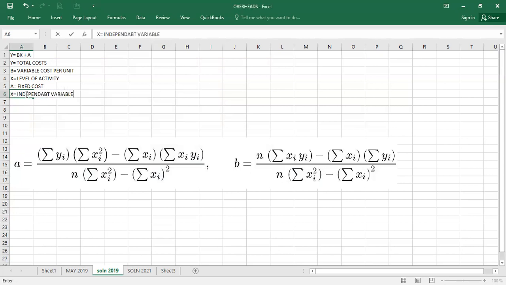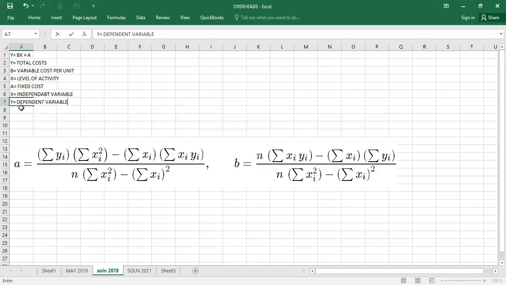And the independent variable is something which doesn't change or its occurrence doesn't depend on the other. So our Y, which is the mixed cost, will be the dependent variable. And this variable is something which depends on the other.